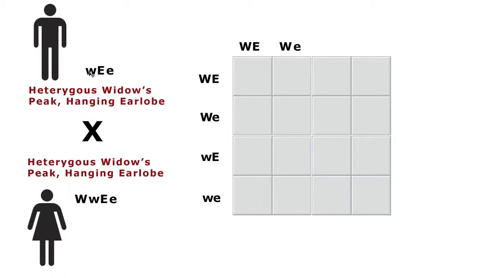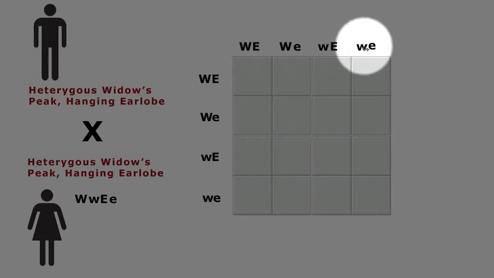Another possibility is small w, capital E. And the last possibility is small w, small e. Now you can see the combinations for the male, and you can see the combinations for the female.